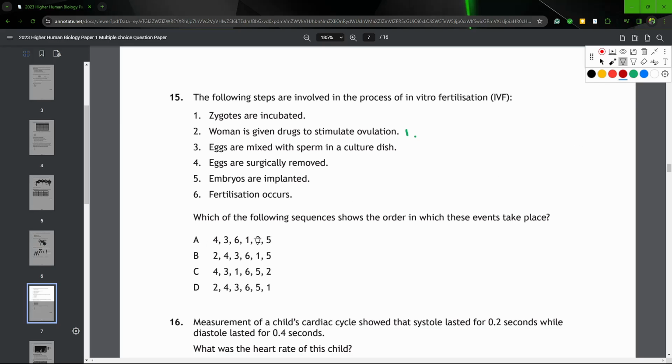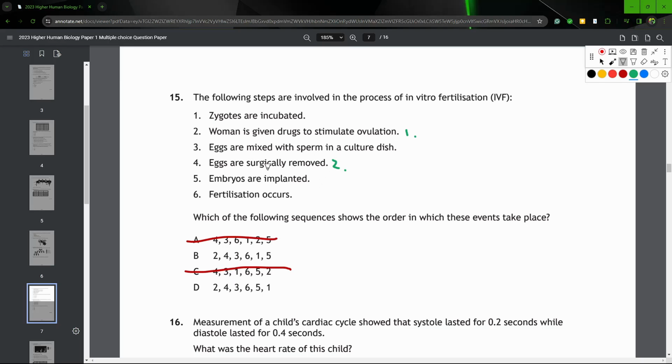So we can get rid of A, and we can get rid of C, leaving us B and D. Just by doing that, you've got a 50-50 shot of getting the right answer. We can continue going through this. The only possible way is that 4 would have to be next, because those are the only two other answers, and then 3 would be next.